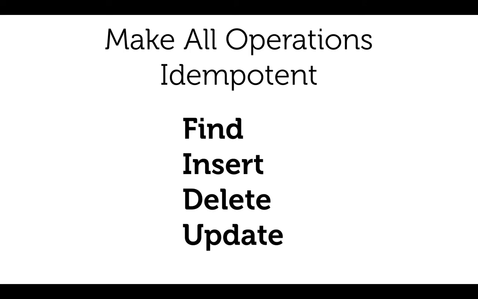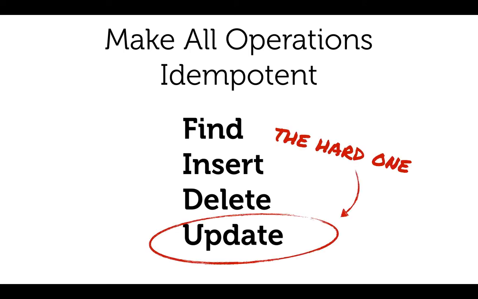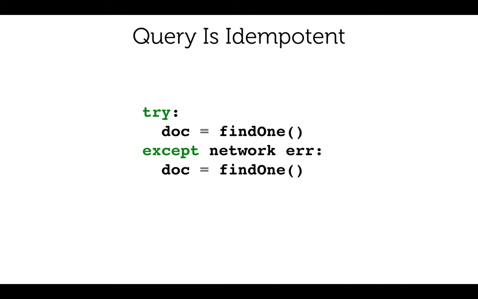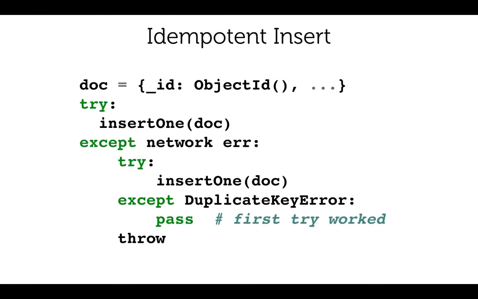And only once we've looked at those are we going to deal with update because it's the hard one. So let's look at find first. Queries are naturally idempotent. If you retrieve a document twice, it's just as good as retrieving it once.